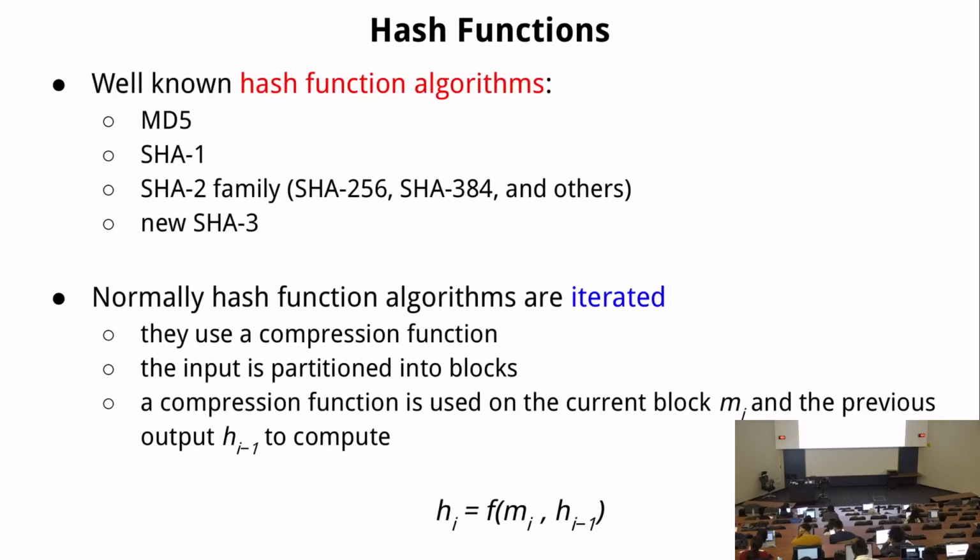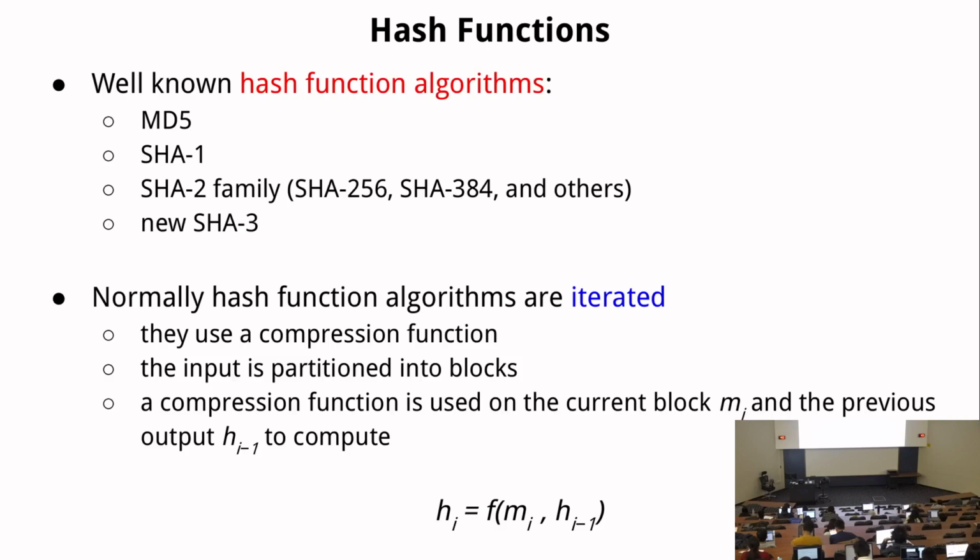So in the past decades, there have been many attempts at designing good crypto hash functions. Notable ones are MD5, but almost 15 years ago we stopped using MD5 because we found out it's not that secure. SHA-1, SHA-2, SHA-3, from the names you can see it's kind of like AES.